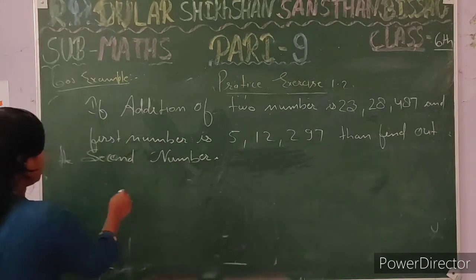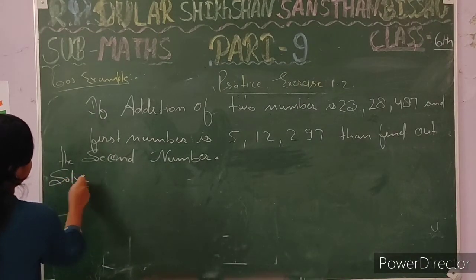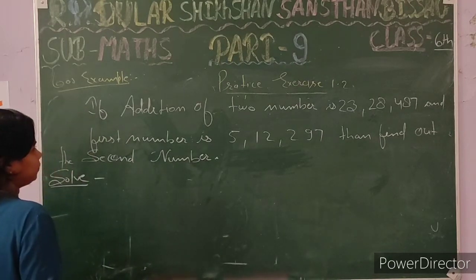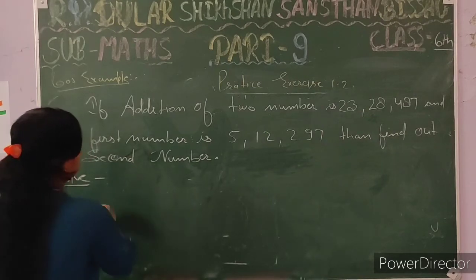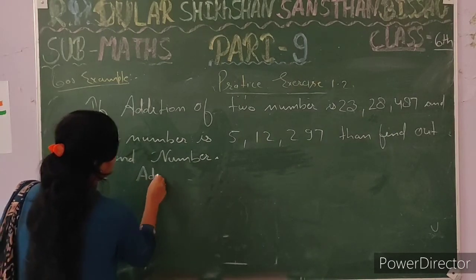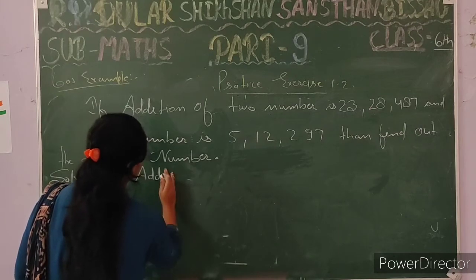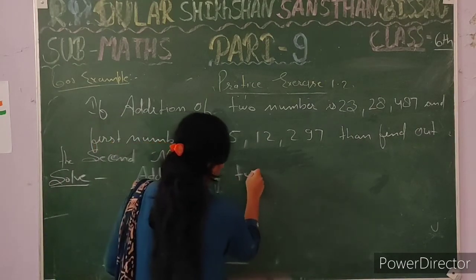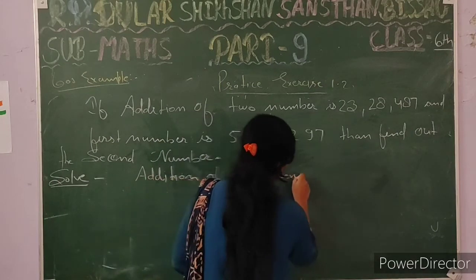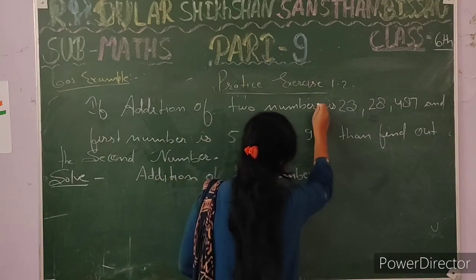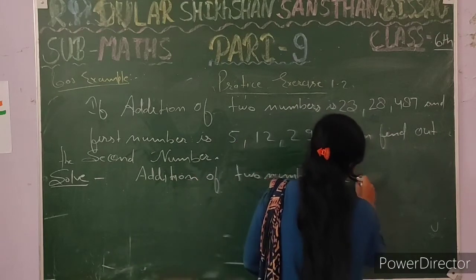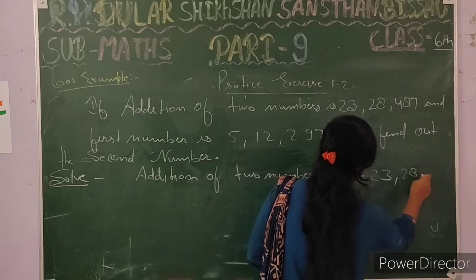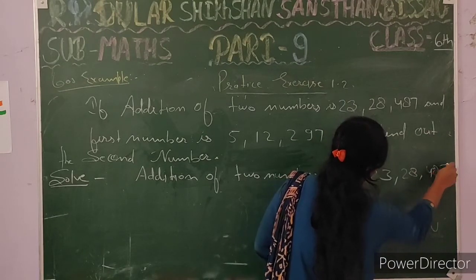Students, we write here: addition of two numbers. The two numbers are 23 lakh 28,487.